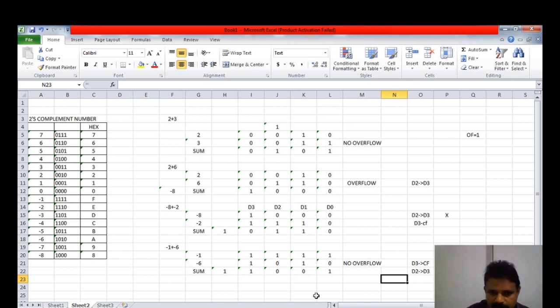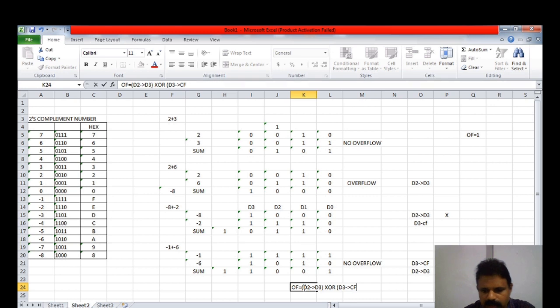Okay, then we will say your overflow flag is equal to the condition: a carry flow from D2 to D3 occurred, XOR a carry flow from D3 to carry occurred.